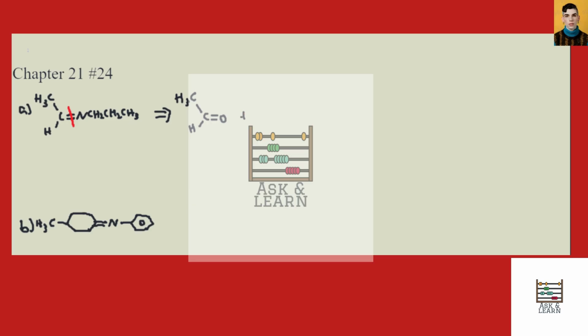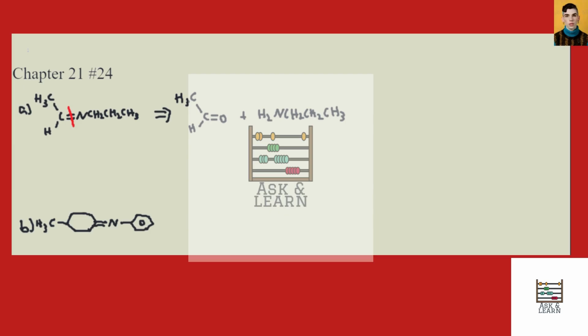So it's an aldehyde. And then we'll take the nitrogen and add two hydrogens to it. And now it is a primary amine. CH2, CH3.